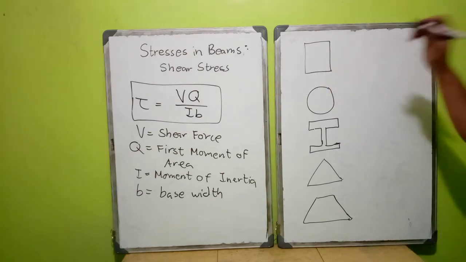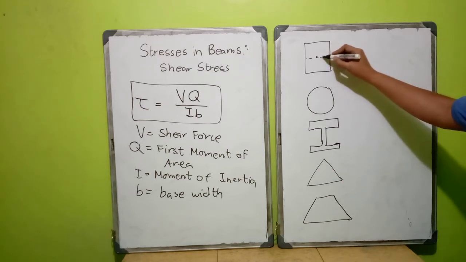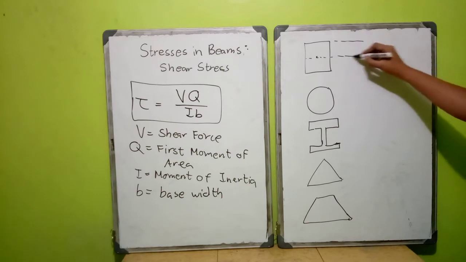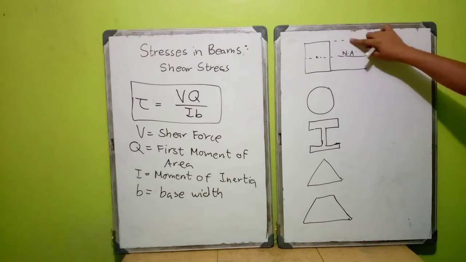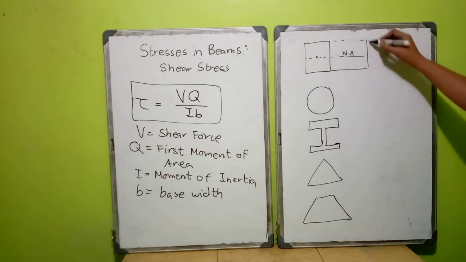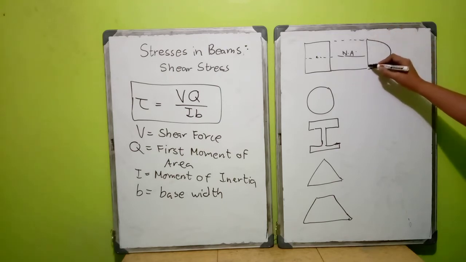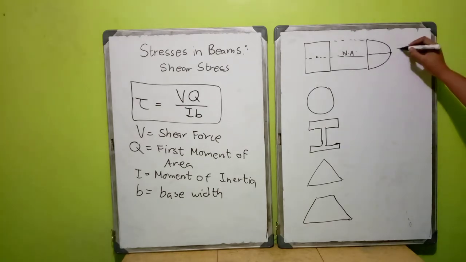Okay, so since we all know the neutral axis, or the point in which the neutral axis is located in a rectangle, more likely your maximum shear is located also at the middle.